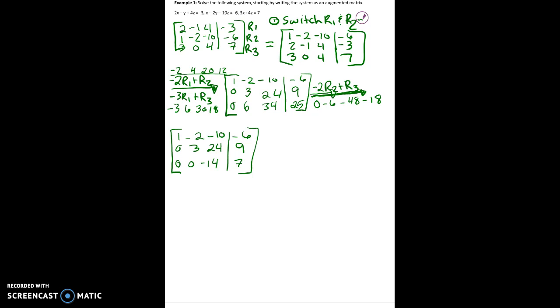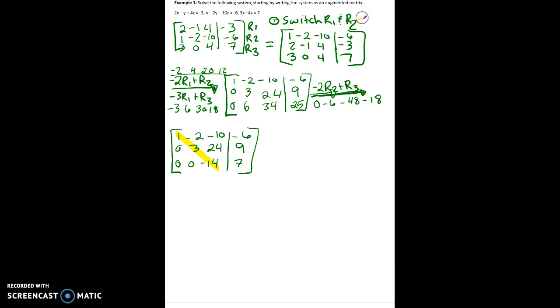So now what we want to do, let me change my pen color real quick, is get this diagonal right here to be all ones. Because once they're all ones, then we have a much easier system to be looking at.